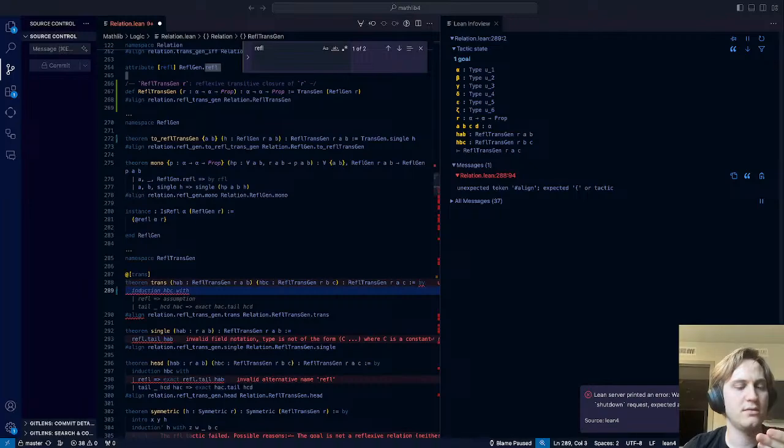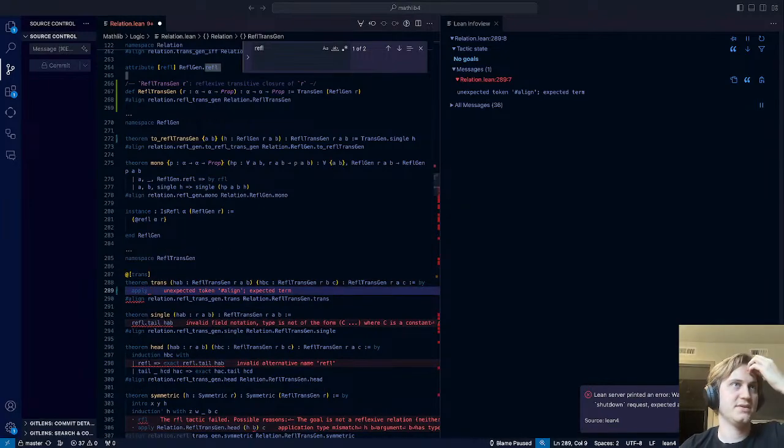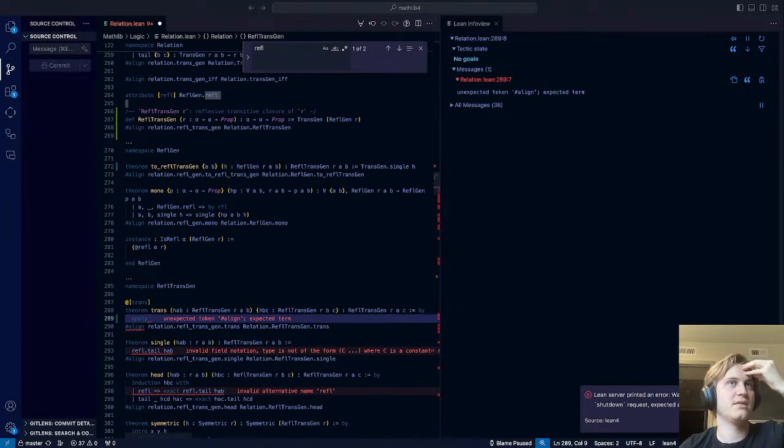Yeah, Aesop is like some JavaScript thing. The main thing I want to do is apply, right? So it's going to be an exercise in just applying the things, right?